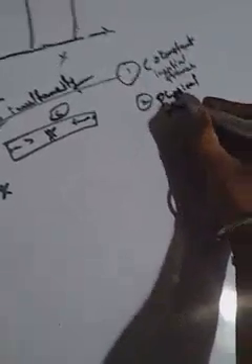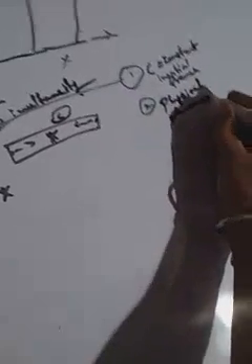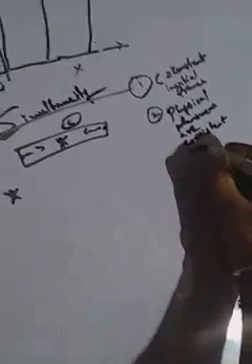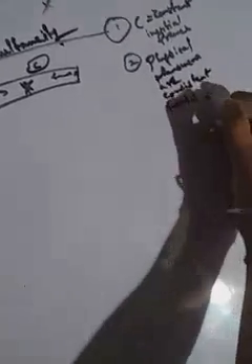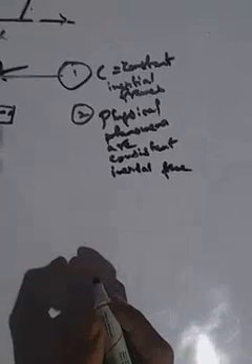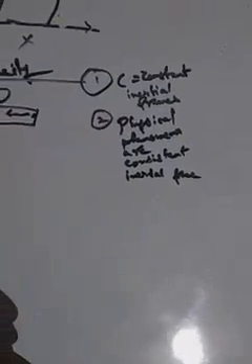Physical phenomena are consistent. These two, also in inertial frames, are the suggestions made by Einstein, postulated by Einstein, in order to come to the results of relativity.